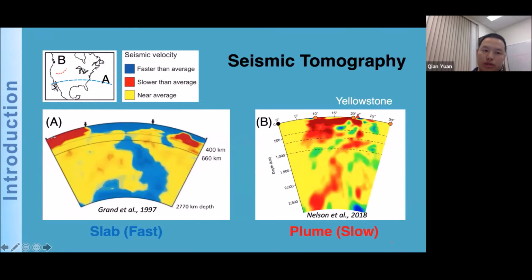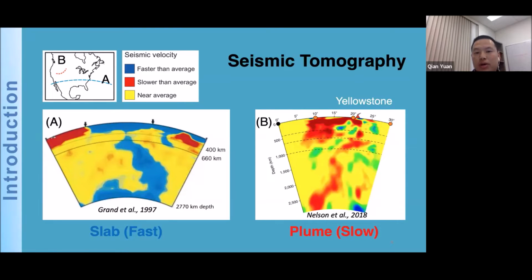There is a linear blue structure that likely represents the subducted slab. When you see an image in seismic tomography, blue means a velocity anomaly where the seismic velocity is higher than the average or the reference velocity.